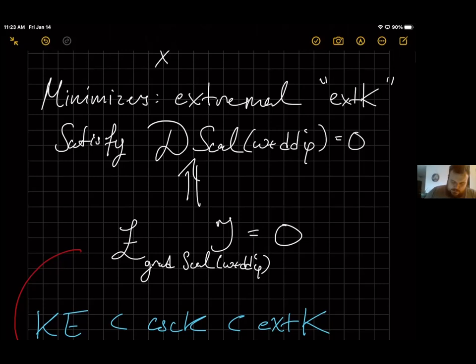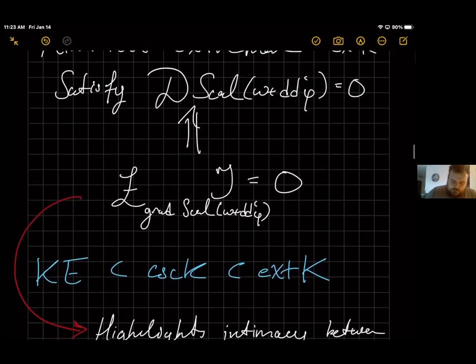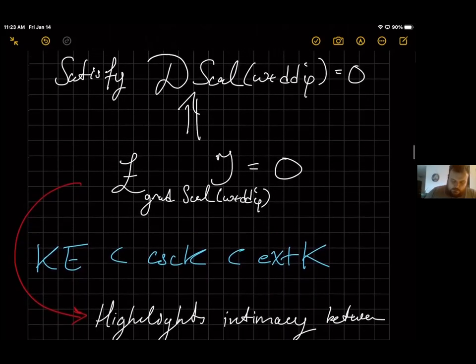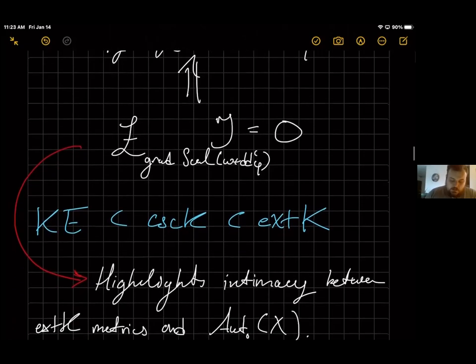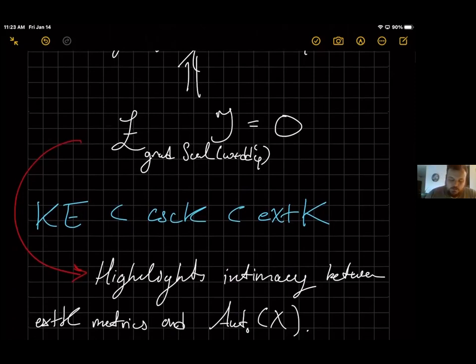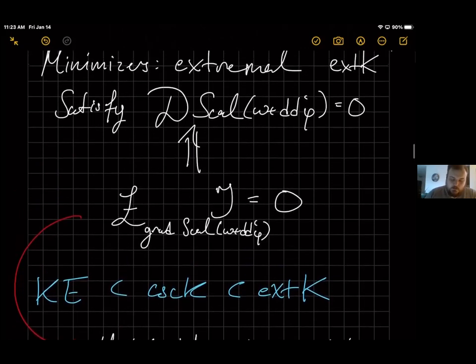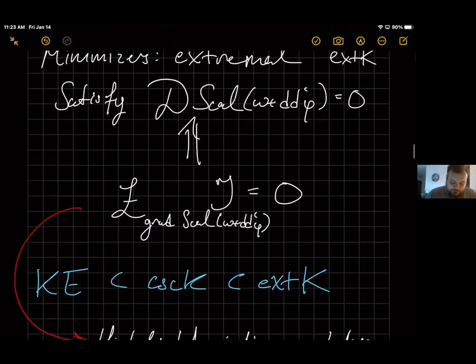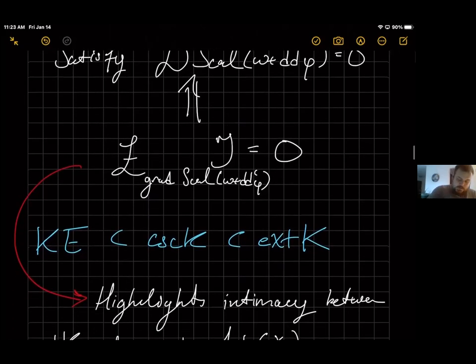So this really outlines an interesting intimacy between the metric information of an extremal scalar metric and the automorphisms of our manifold X, because the holomorphic vector fields immediately show up in terms of defining or searching for these extremal metrics. So we get sort of this nesting of properties.